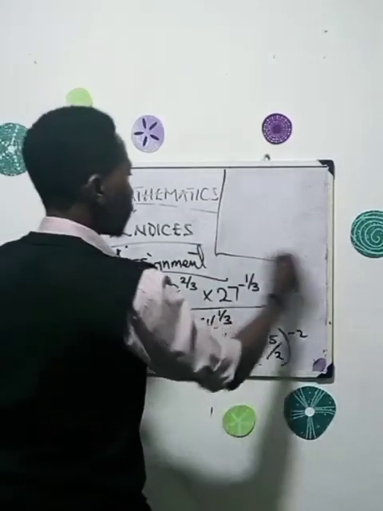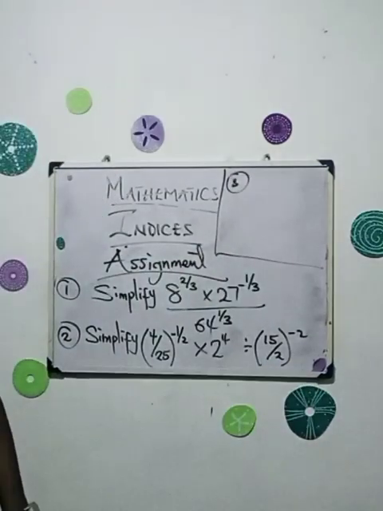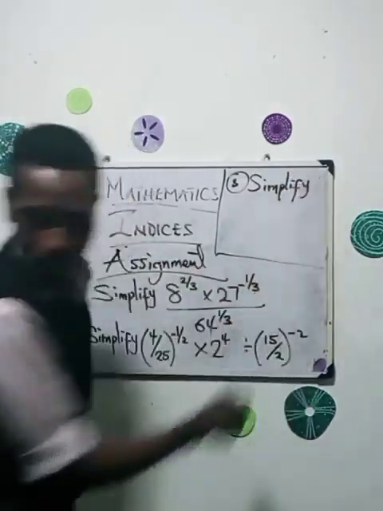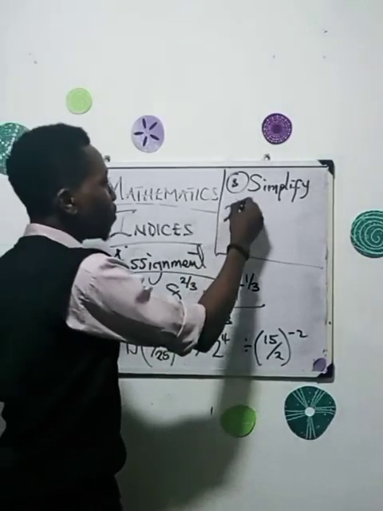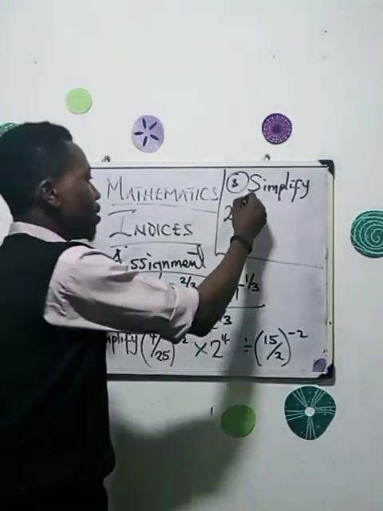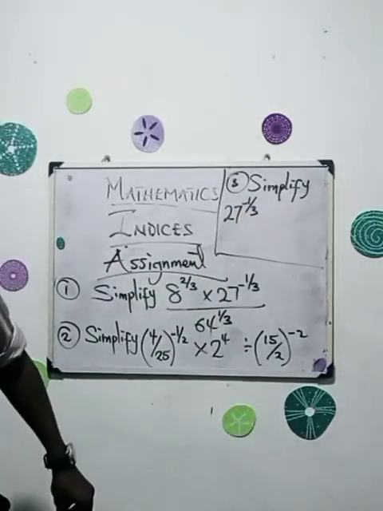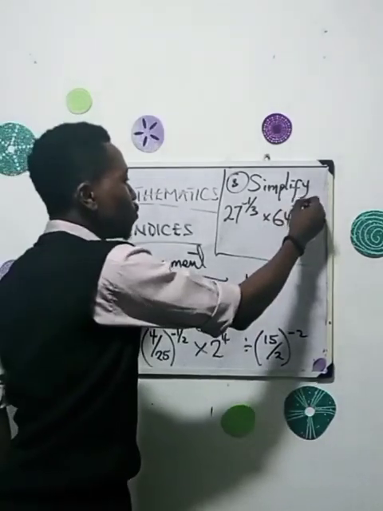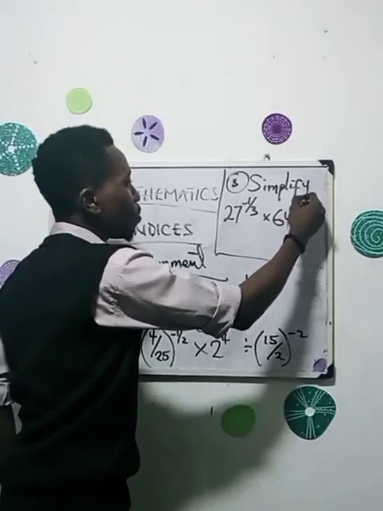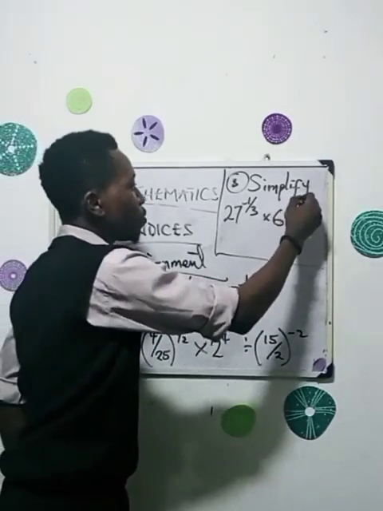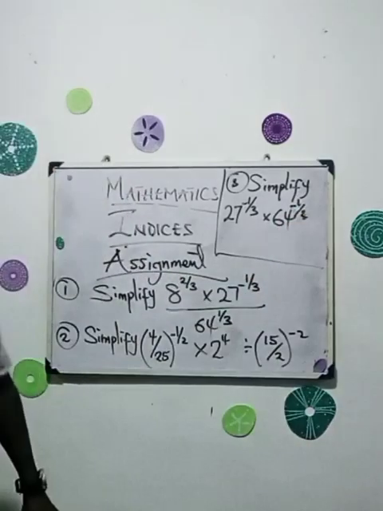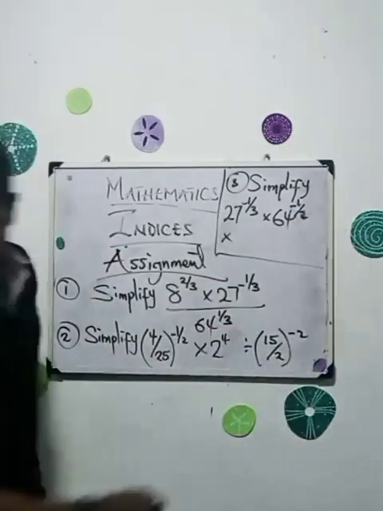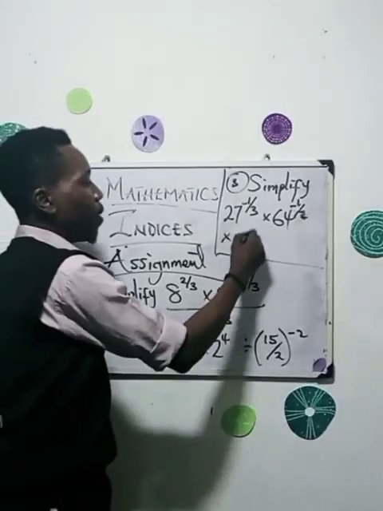Number 3, let me write it here. Simplify 27 raised to the power of minus 1/3 times 64 raised to the power of minus 1/2 times 4 raised to the power of 1/2.